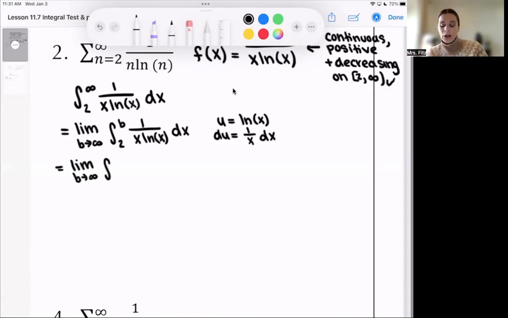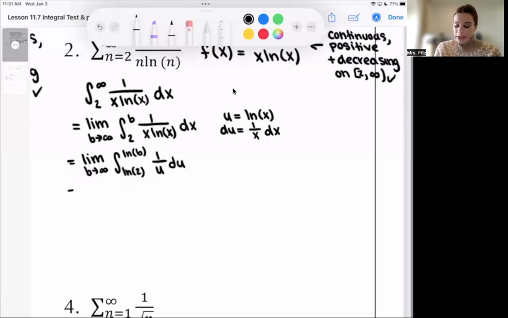So then we end up with the limit as b approaches infinity of the integral. Now be careful, you do need to change your upper and lower limits of integration. So we have natural log of 2 to natural log of b, and then 1 over x dx is going to get subbed in with du. And so we just end up with 1 over u times du.